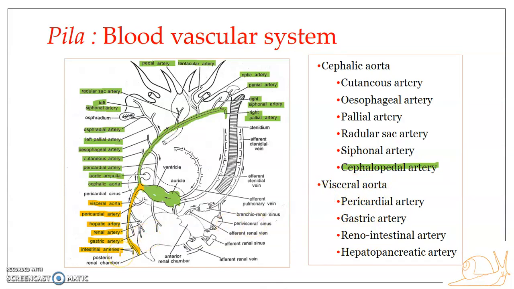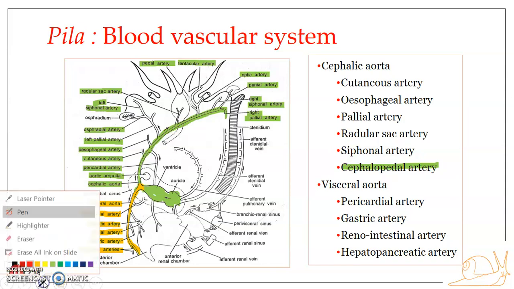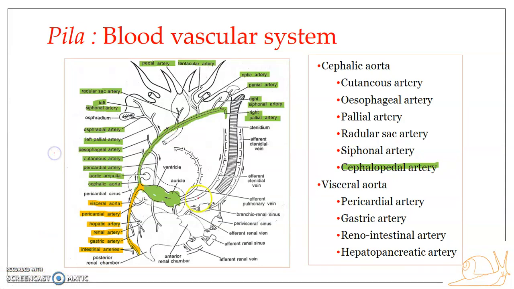Now we have already seen the various components of the venous system and the arterial system. Now we can see how the blood is flowing, the blood circulation. We can start from here.